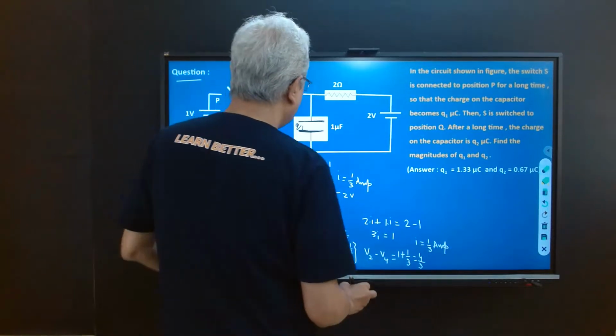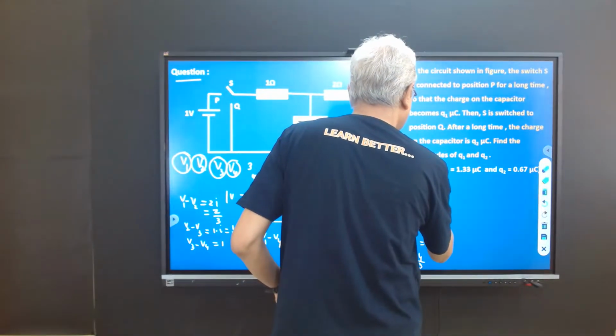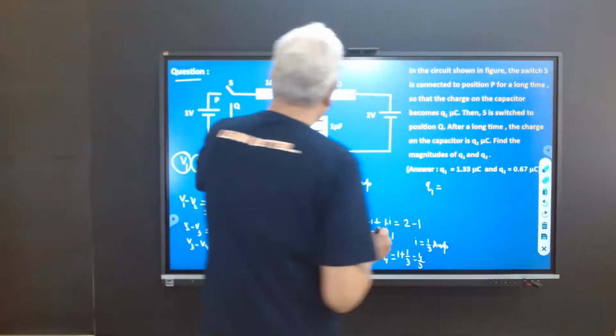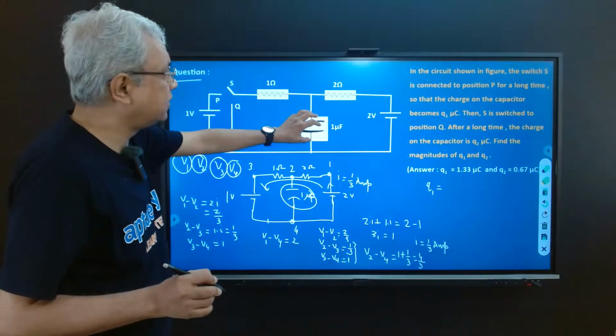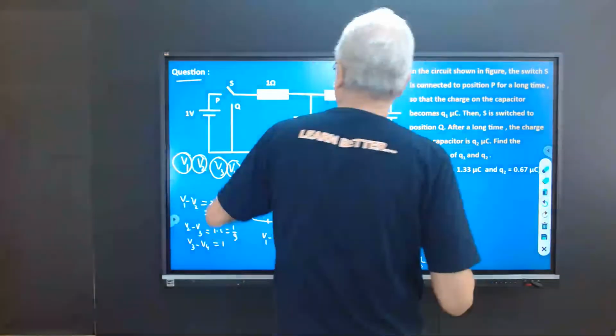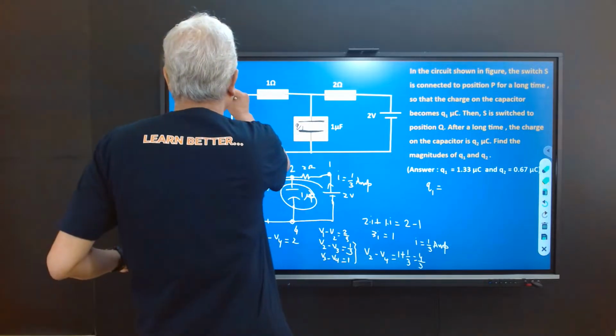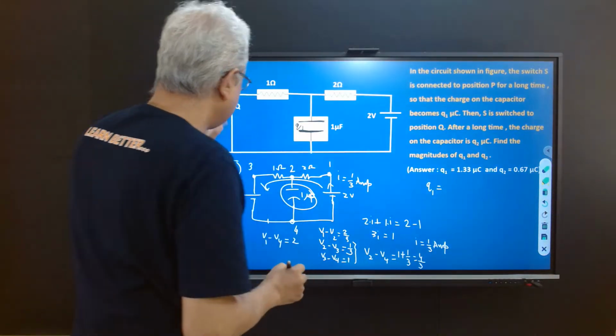Is it not? So Q equal to CV. Q1 is the charge accumulated by this capacitor in the steady state, that means when the switch is kept in position P and Q is disconnected.